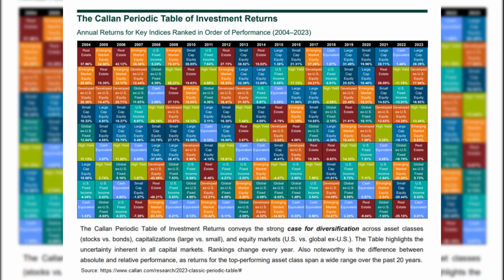Asset allocation is not about avoiding risk altogether. It's about managing it intelligently. A well-diversified portfolio can smooth out the highs and the lows, helping investors stay the course during turbulent markets. And that, over time, improves the odds of achieving long-term investment goals without getting whiplash from year-to-year market shifts.